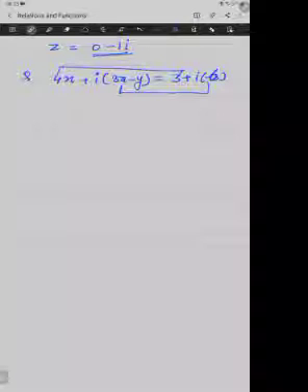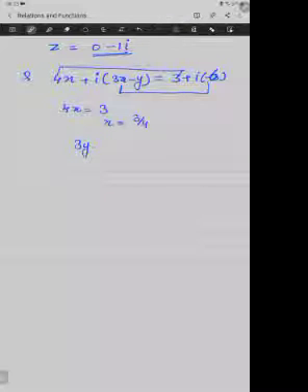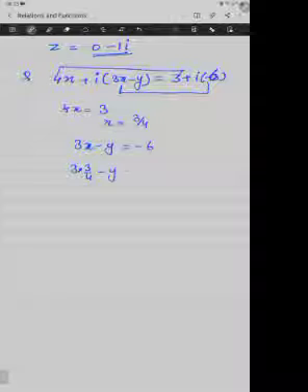Means 4x will be equal to 3. That means x will be equal to 3 by 4. Then 3x minus y equals minus 6, and x value is 3 by 4. So 3 into 3 by 4 minus y equals minus 6.